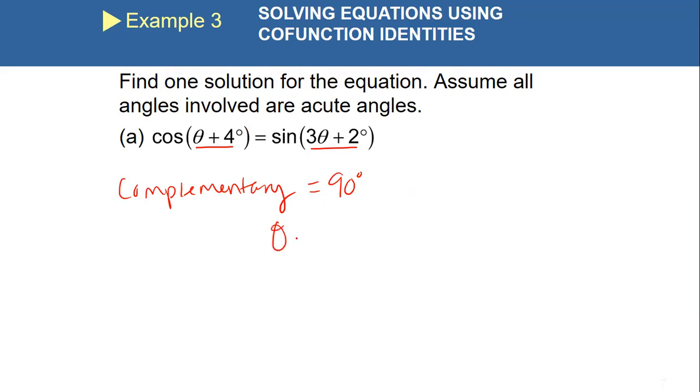So if I'm trying to solve for theta, I know that theta plus 4 plus 3 theta plus 2 has to equal 90 degrees. Remember, in terms of trig, theta is just a variable. You treat it like an x.